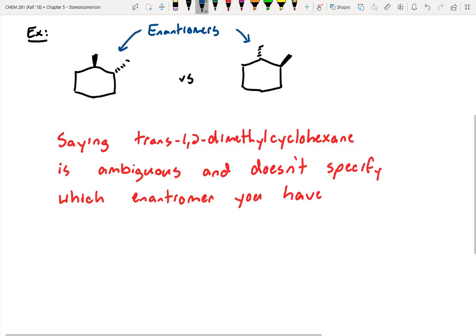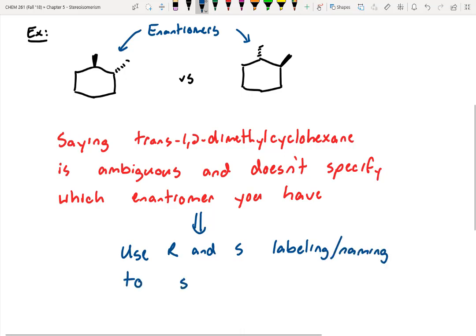So when you run into these situations, use R and S designation or naming to specify. I always tell people use R and S unless you're in a situation like the first example where we can't, and then you need to use cis or trans. So that is kind of confusing that way. Does that make sense?